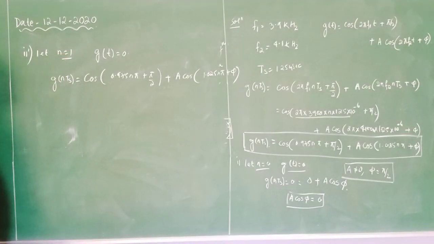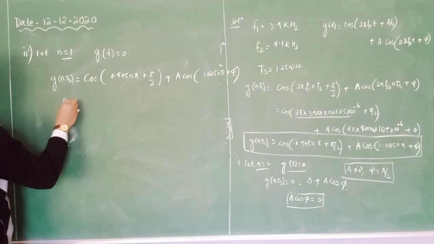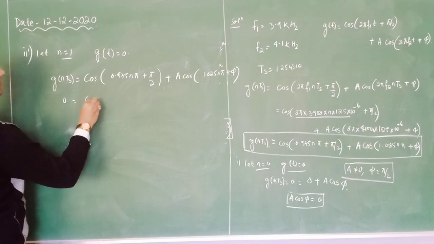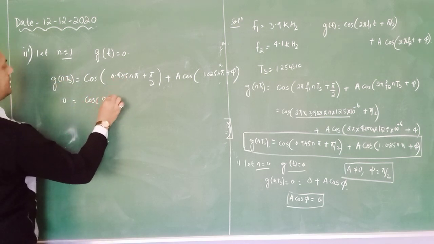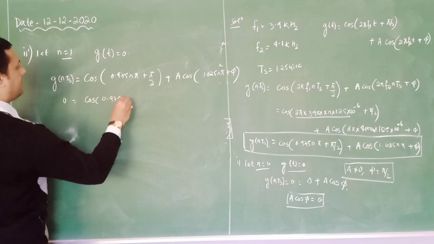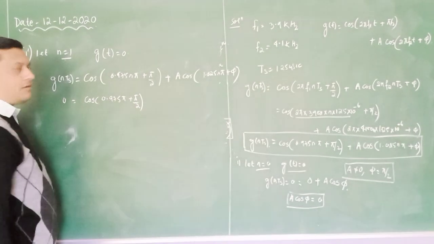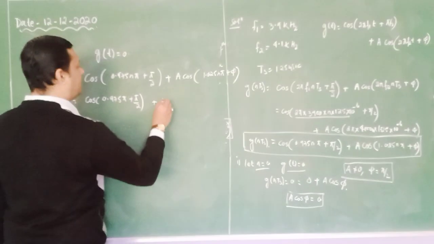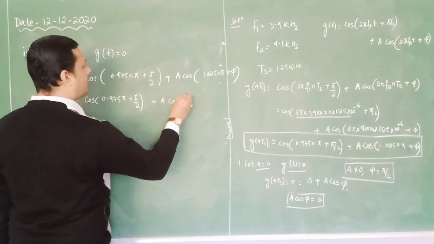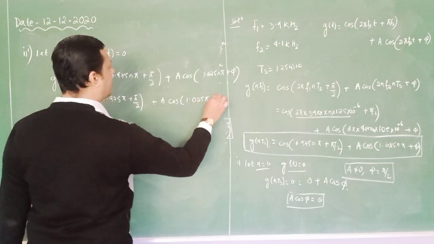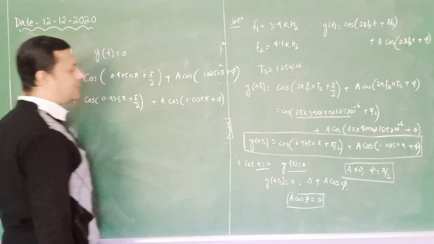If n is equal to 1, the first component is cos of 0.975 pi plus pi by 2. The second component is A cos 1.025 pi plus 5, like this I can write.